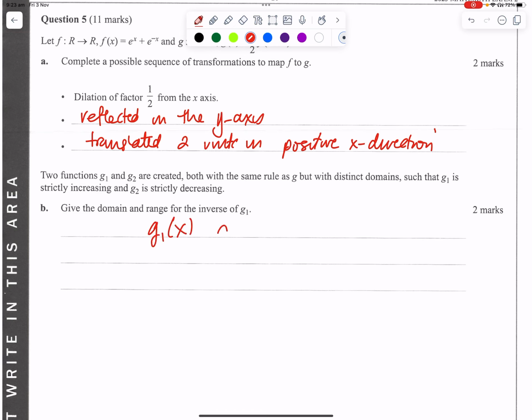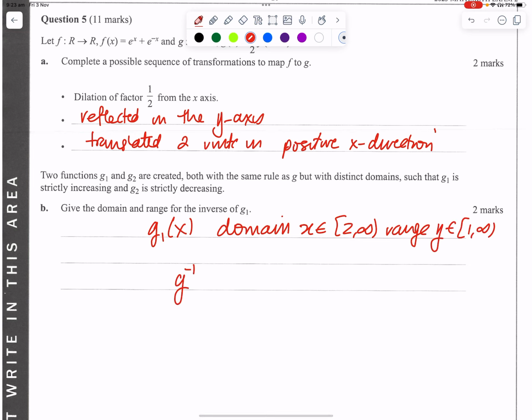So g1 of x has a domain of 2 to infinity and a range y of 1 to infinity. So the inverse of g1 of x has a domain of 1 to infinity and a range of 2 to infinity.